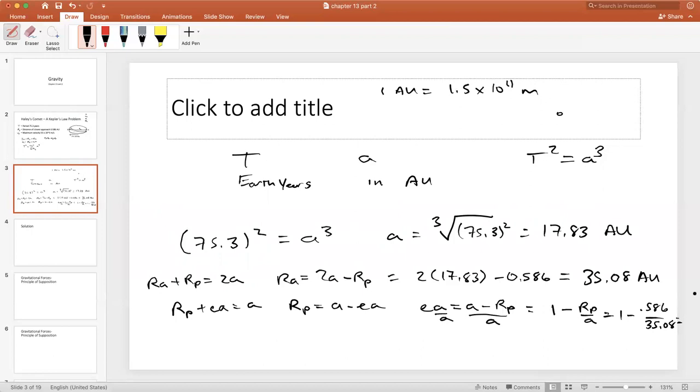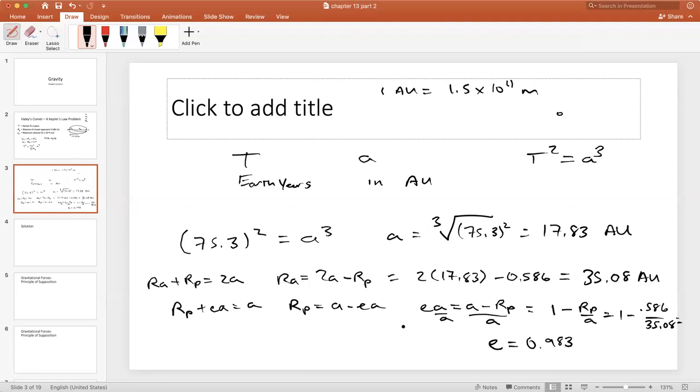And this eccentricity is going to be really big. 0.586 divided by 35.08, I get 0.98. I believe the actual number for Halley's Comet is given as 0.967. I'm getting 0.983, probably a rounding issue.